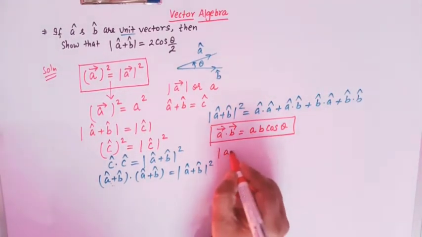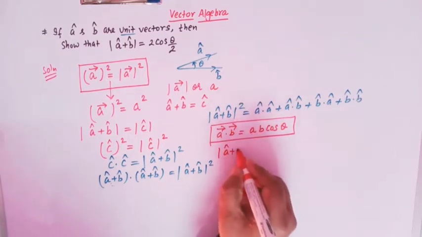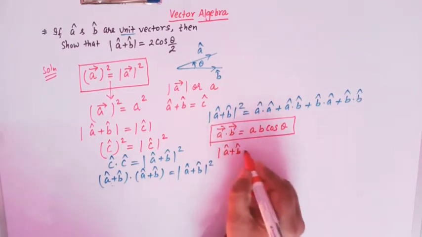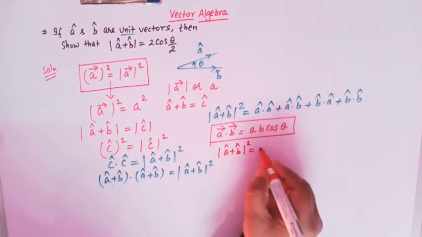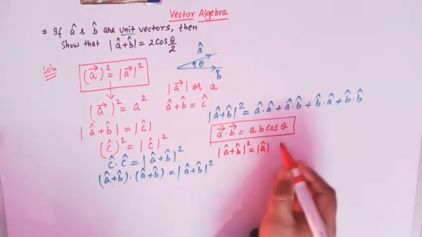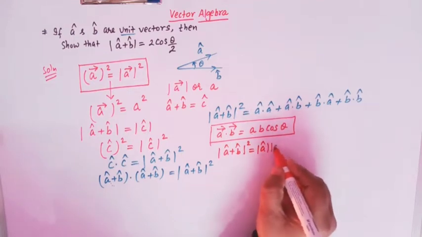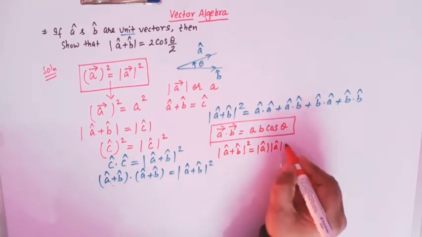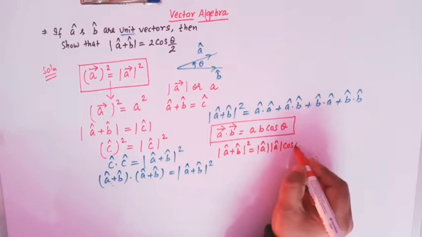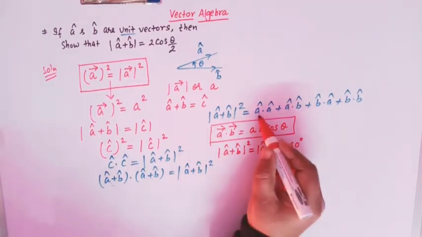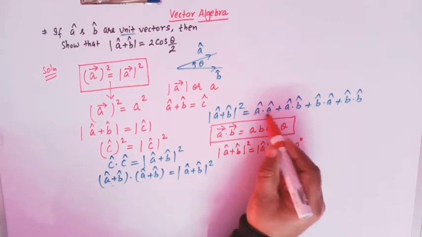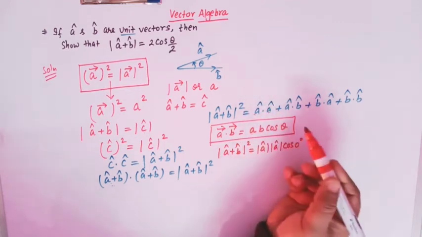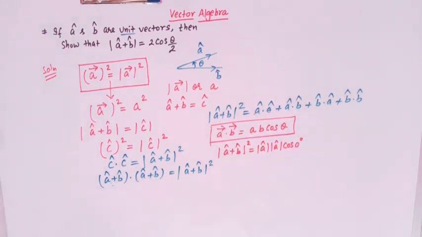So now we have the square of the magnitude of a cap plus b cap is equal to the magnitude of a, then magnitude of a and cos 0 degrees, because here we have two same vectors, so the angle between a cap and a cap is obviously 0 degrees.